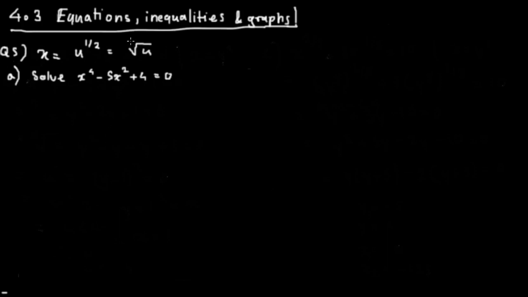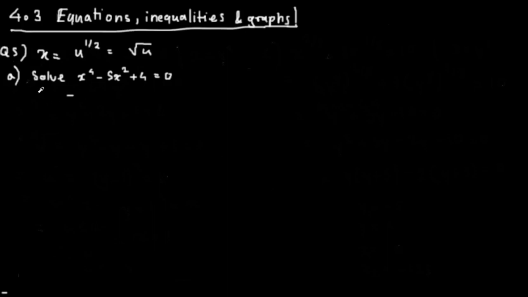So why do we have to do this? It's because right here we can see that we have a quartic equation. So the thing is, we want to make this into a quadratic equation, right? So that's why we'll use u to the power of 1 over 2.